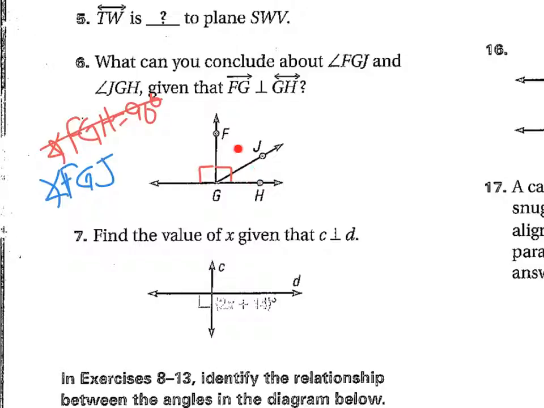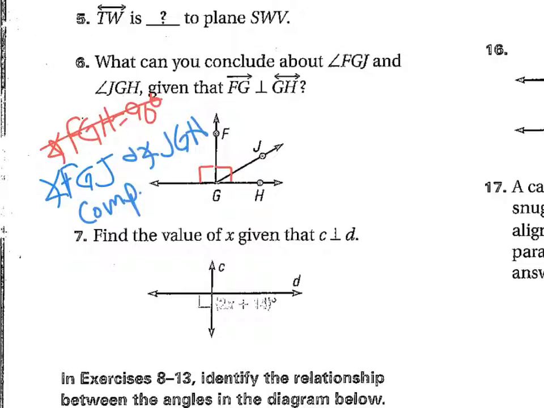So these two small angles, what can we conclude? The only thing we know is that they're all together going to equal 90 degrees, so that you could say that these two angles together, okay, and JGH, are complementary. Remember, complementary angles total 90 degrees. Supplementary total 180 to make a straight line.